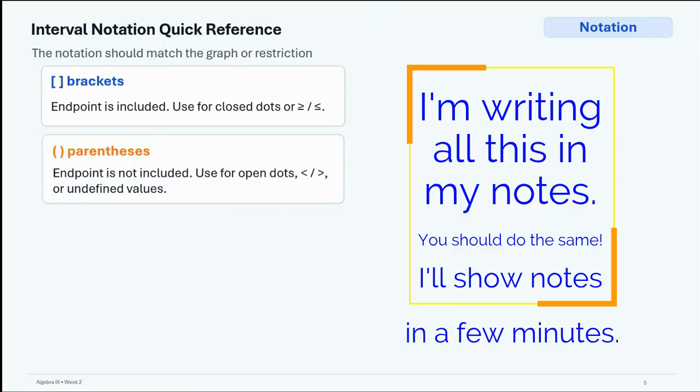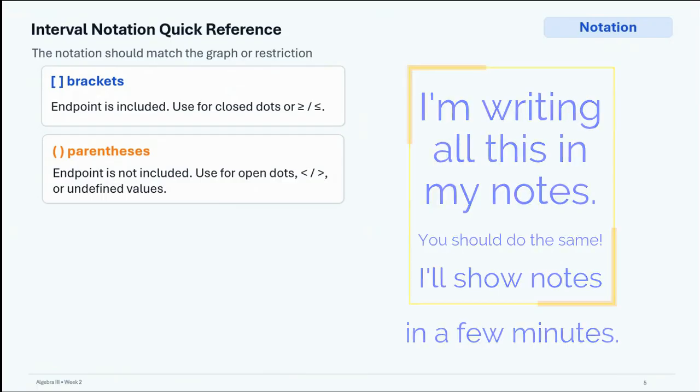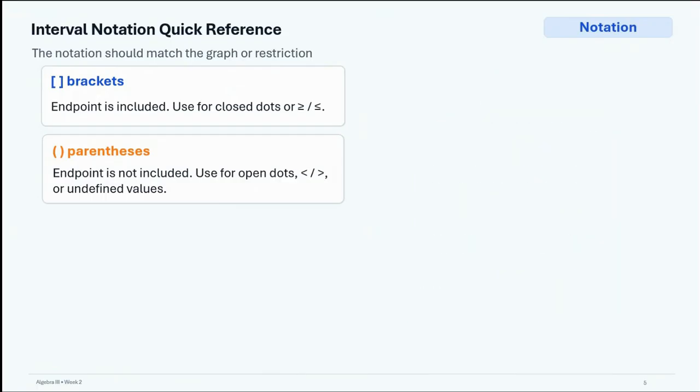And on a graph, we would use an open circle, and this would be greater than or less than. So that's what that looks like with the parentheses. Endpoints not included, so we use parentheses. If we're graphing it, we use a hollow circle to show that it goes right up to that point, but it does not include that point.